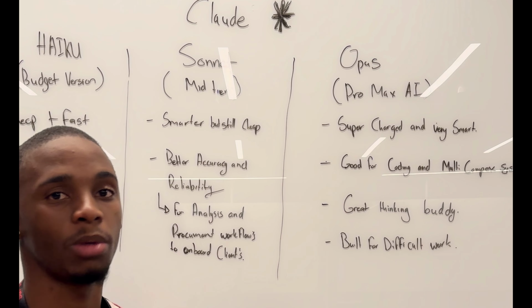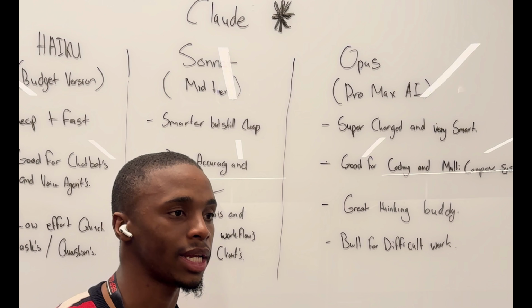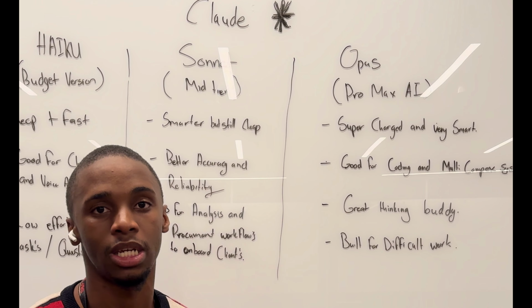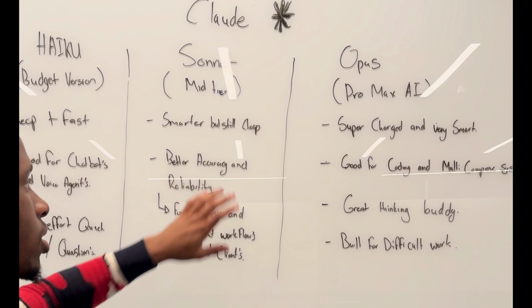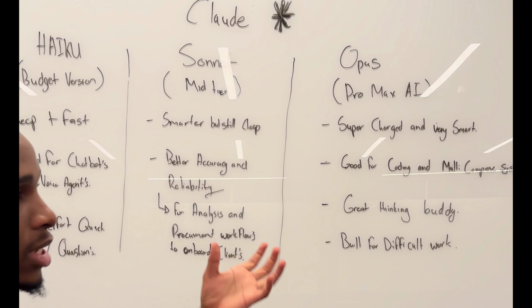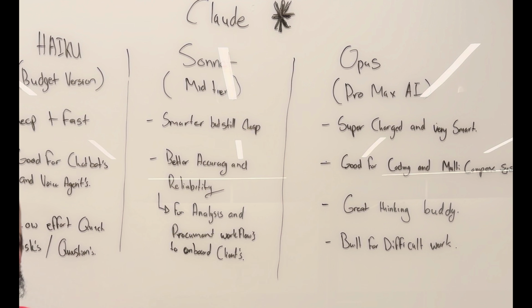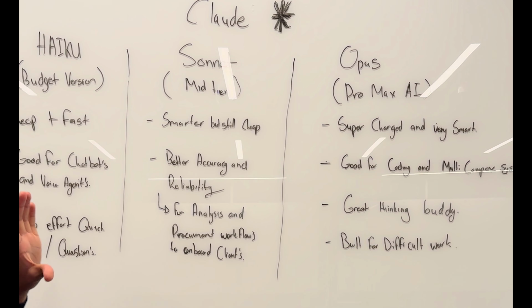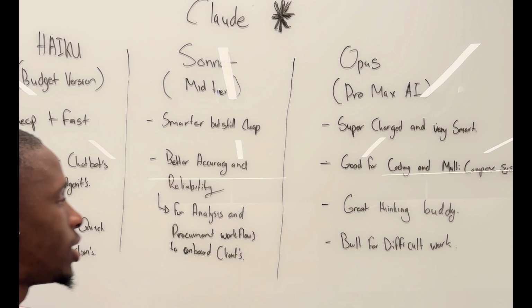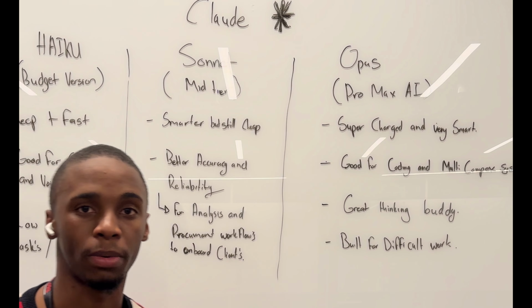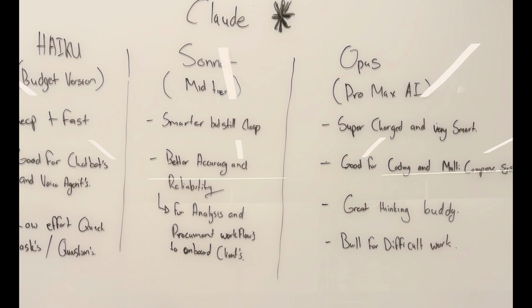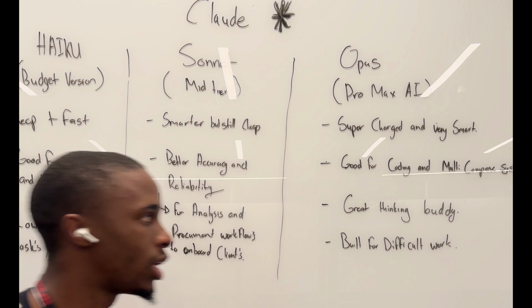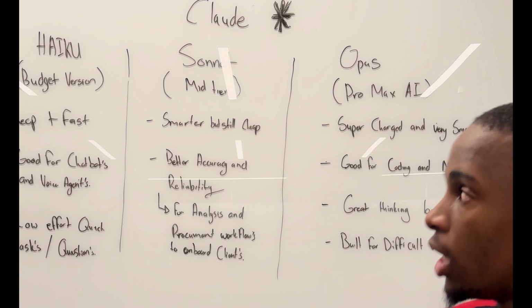It's not really that smart, so it's for anything that requires something cheap and quick. And then this one has memory and is more reliable, and it's just better to use in that experience. With the reliability and accuracy, you would use it in analysis of competitive markets or procurement, for workflows on client dashboards, so getting people into your space.